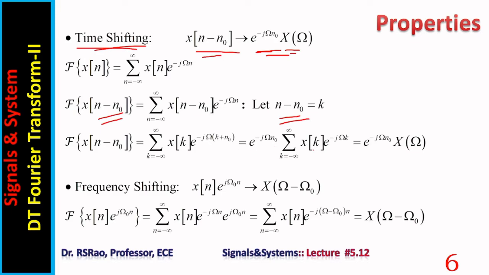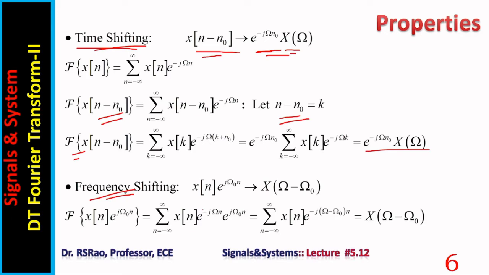The remaining part can be identified as x of omega. Therefore, transform of x of n minus n naught becomes e power minus j omega n naught multiplied by x of omega. Then we consider the frequency shifting property.